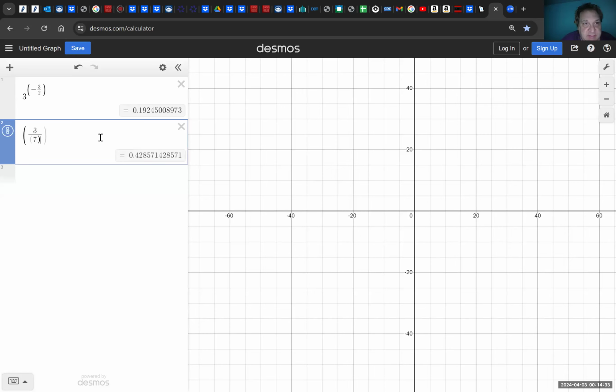Sorry, I'm being slow today. 3 over 7 raised to the -3/2 power. I probably don't need all those parentheses, but I'm worried that I'm going to do something wrong. All right, so 3 over 7 raised to the -3/2 power is about 3.564.